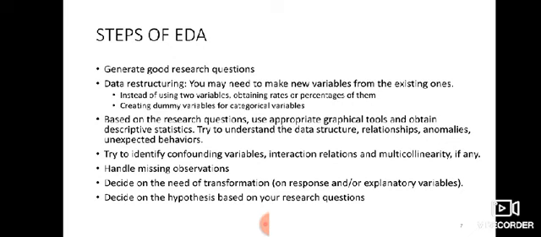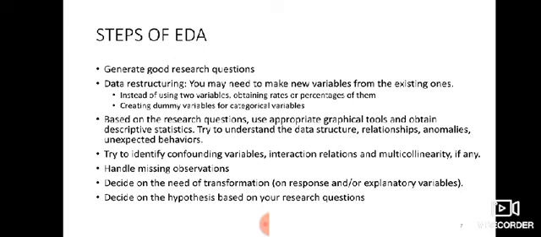Based on the research questions, we use appropriate graphical tools and get the descriptive statistics. Based on the statistics, we can understand the data structure, the relationships, the anomalies and unexpected behaviors. We also try to find confounding variables, interaction relations and multicollinearity.